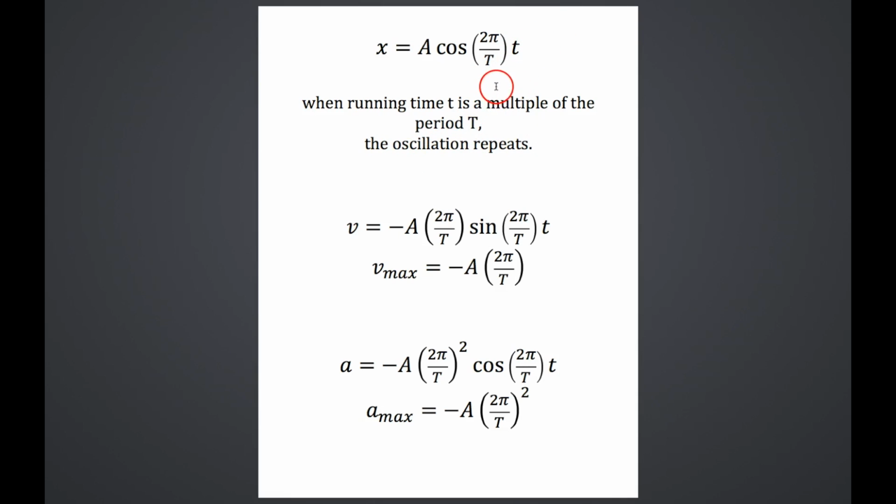And at least in terms of radians, if you've learned in pre-calc or whatnot, the cosine of 2 pi is going to be 1. And so we have the A as our amplitude over here. So this thing describes how it moves in position.